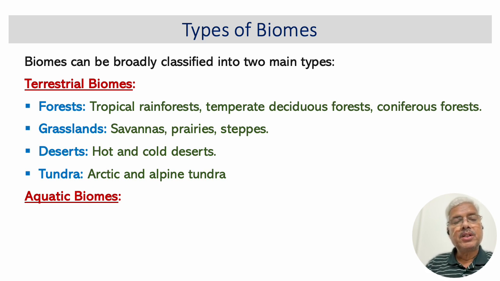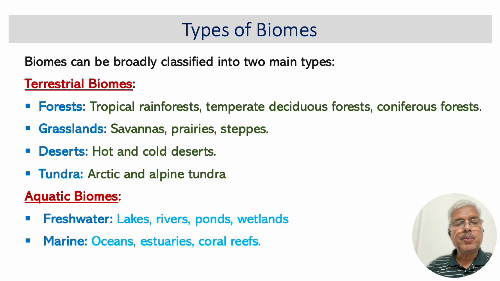Desert biomes include both hot and cold deserts. Tundra biome includes Arctic and alpine tundra. In aquatic biomes, freshwater biome includes lakes, rivers, ponds, and wetlands, whereas marine biome includes oceans, estuaries, and coral reefs.